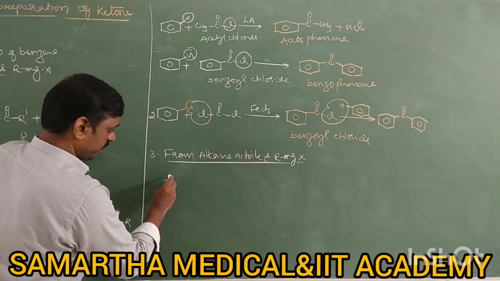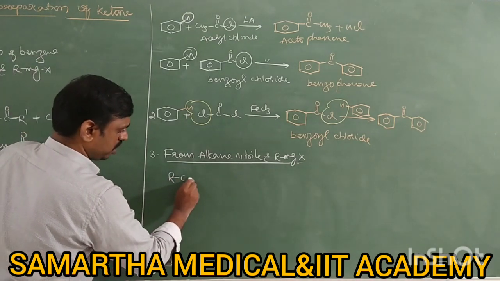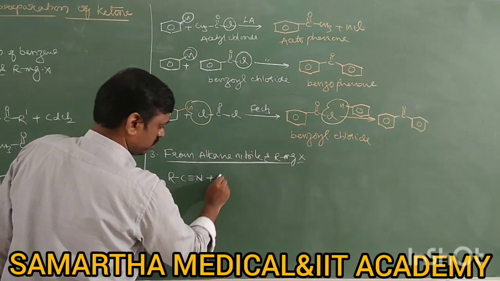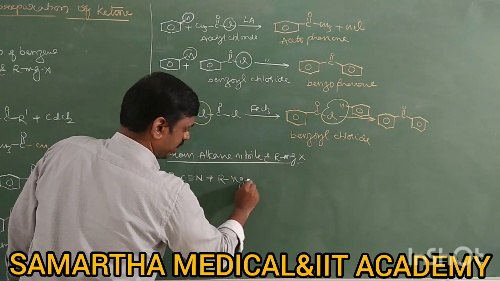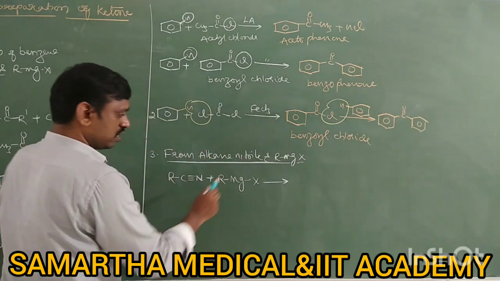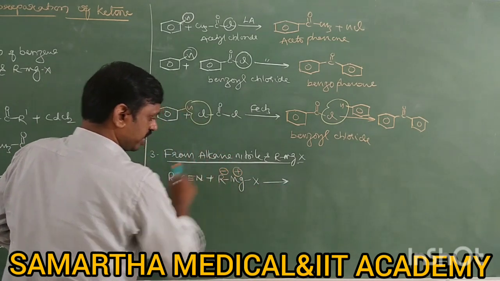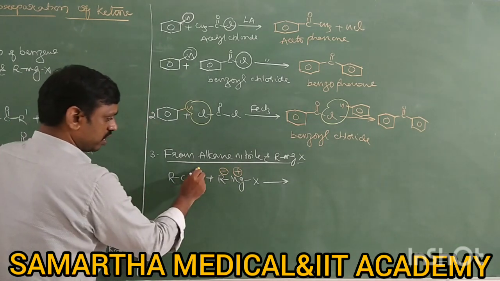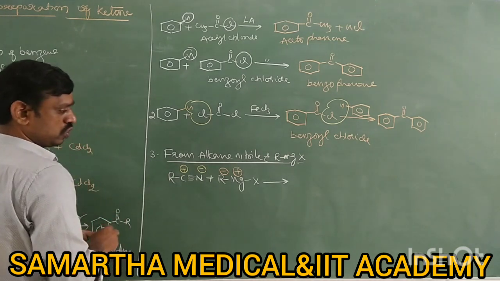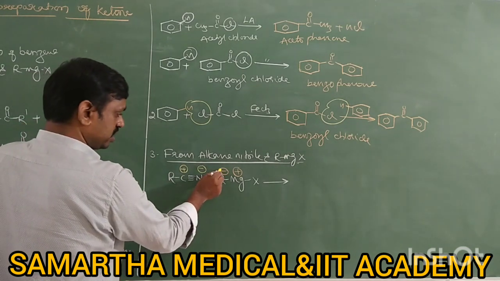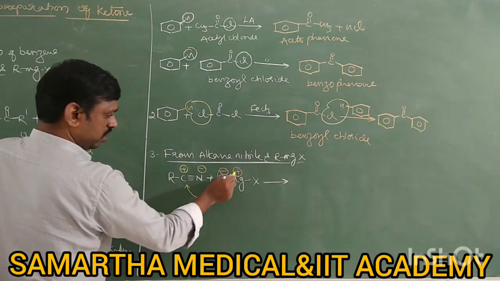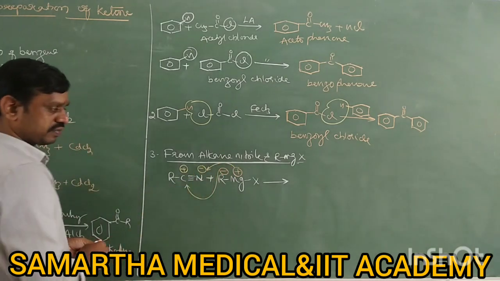From alkane nitrile, let us take R C triple bond N. It reacts with Grignard reagent RMgX. We know that in RMgX, Mg is positive and R is negative. In cyanide, nitrogen is negative and carbon is positive. So R minus is added to C plus, and Mg is added to N.